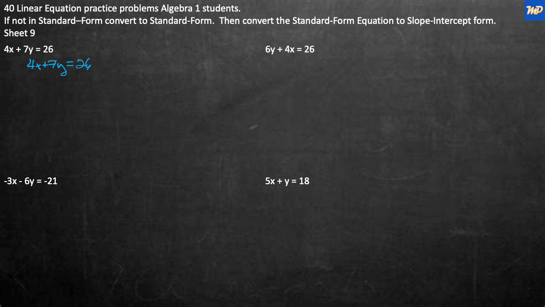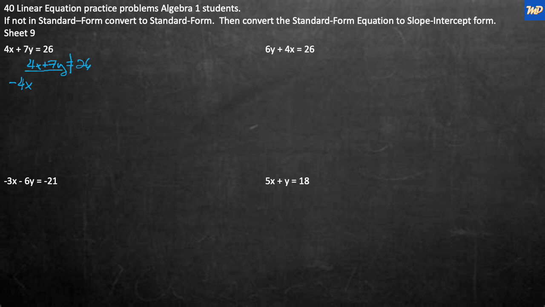So we have to get rid of the 4x. Remember, I draw this little line here, which isn't necessary, but it just helps to remember what we're doing. So I can now say, oh, x's go over here, so that means I have to take any x on the left and get it to the right. In order to get rid of any kind of positive number, I have to put a negative, so it's negative 4x.